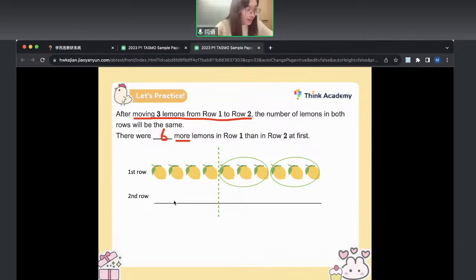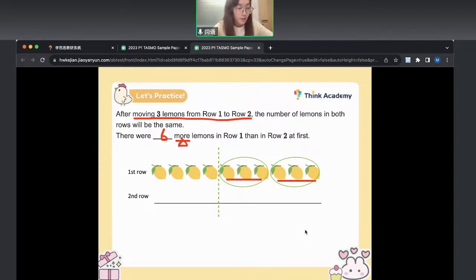No, it is not 9. So there were 6 more lemons in row 1 than in row 2 at first. Because this part is about the give, give 3, and also you need to keep 3, right? Okay. The question is asking you about the difference. Okay, is that clear?